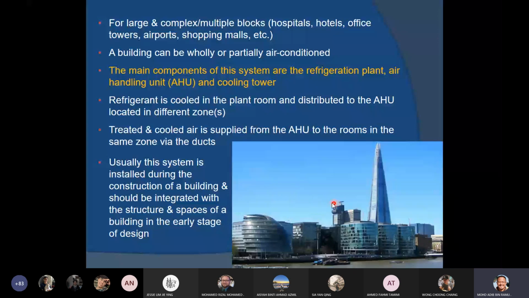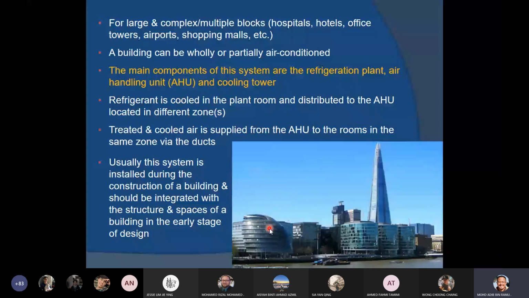The cool air is not supplied directly from the plant room, but from the AHU room to the spaces. Usually the system is installed during the construction of a building and should be integrated with the structure and spaces of a building in the early stage of design.